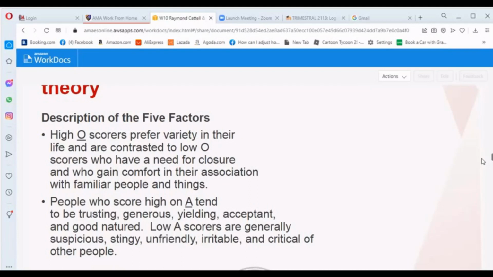For the big factors, there are different scores that are being clarified. What do these scores mean?